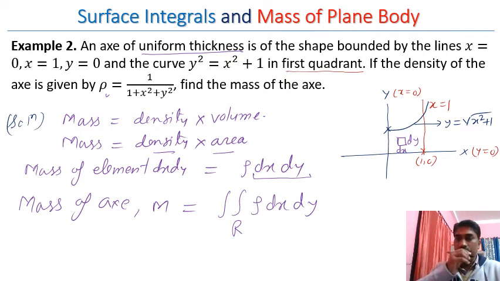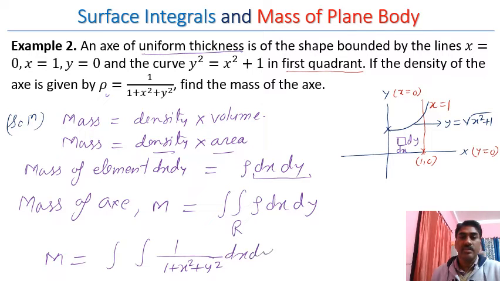Now we should put the limits. So m is equal to the integral of rho, which is 1 by 1 plus x square plus y square, dx dy. And now we should put the limits. We already have discussed that limit of x is taken from minimum to maximum, so x varies from 0 to 1. And what is the limit of y?